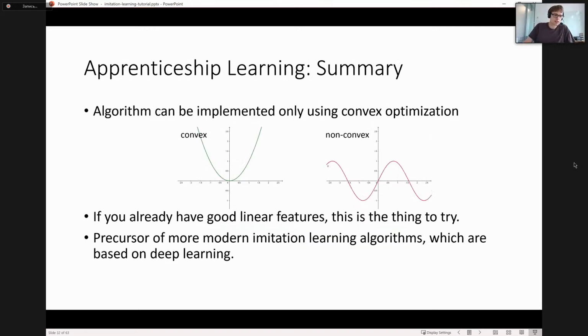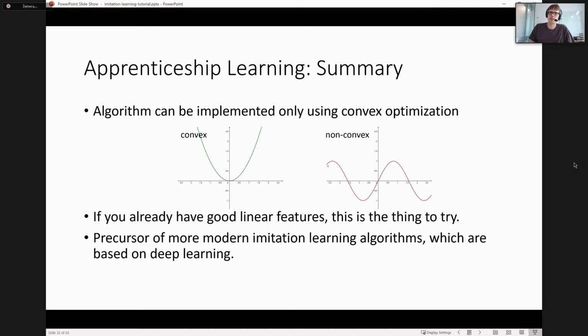Okay, so let me provide a summary of how apprenticeship learning works. We haven't shown it formally, but the optimization problem in the step that generates the reward in this algorithm is known as convex optimization. As a recap, we can divide functions into functions which are convex and functions which are non-convex. Convex functions have the useful property that any local optimum I can find is also a global optimum.